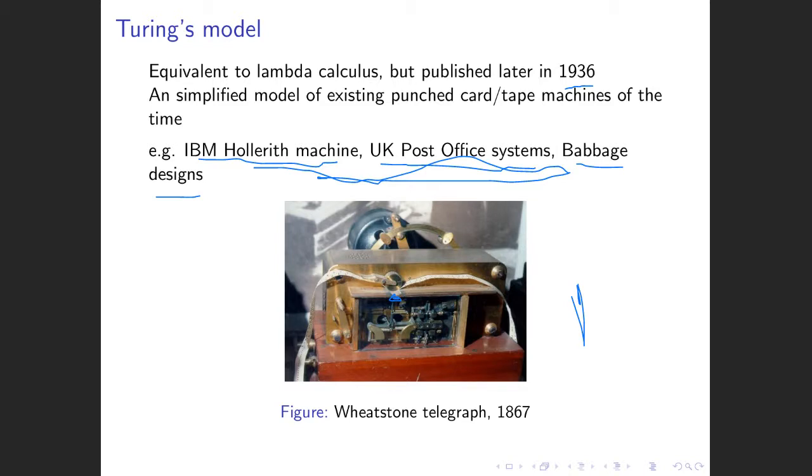So where Church had come up with this very abstract Lambda calculus tool to help him do that, Turing is going to use this much more mechanical inspired model. And the Turing machine then is a very simplified version of all those other machines. You can imagine taking the Babbage engine, and maybe this is what Turing actually did.